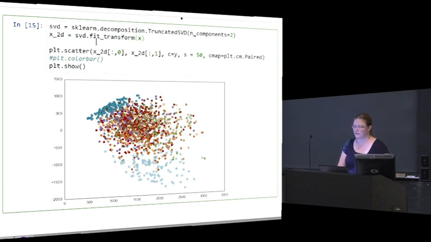And then this is kind of a classifier, so it has this fit function. And because people use it so often to just transform those points into lower dimensional space, for your convenience, there's a fit transform function. So this does both steps in one, right? It fits that SVD, and then it transforms X to live in the two-dimensional space. And then we can just make a scatter plot.